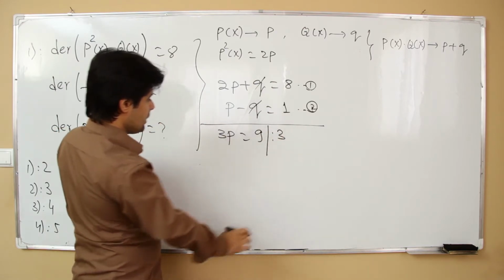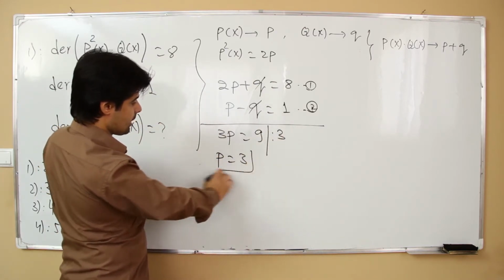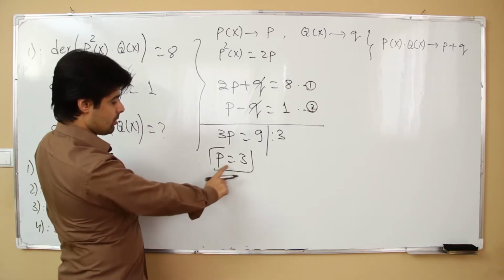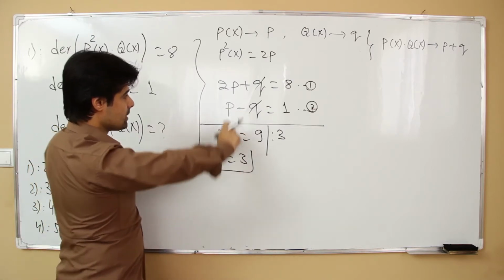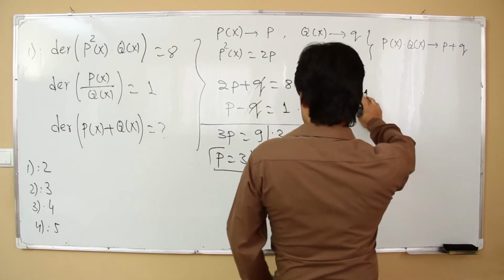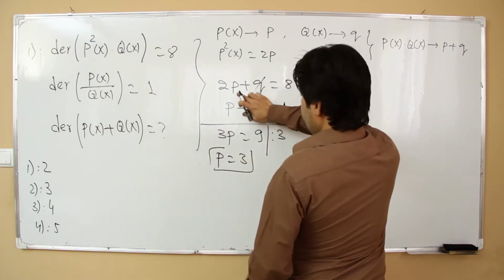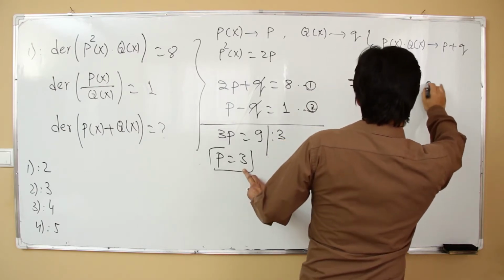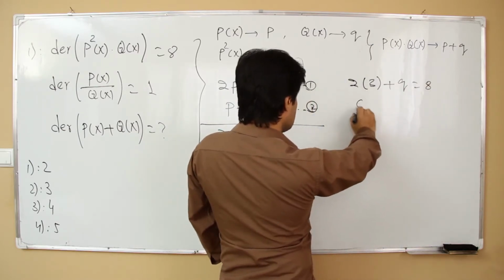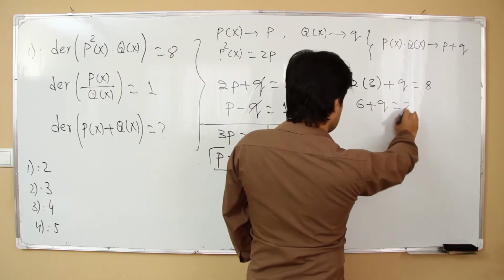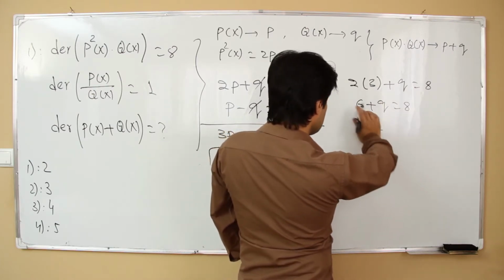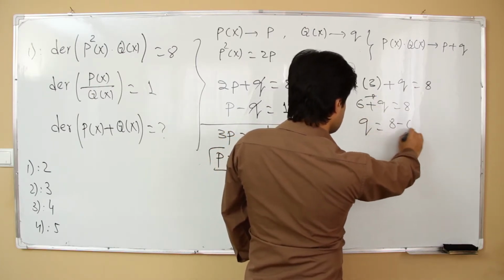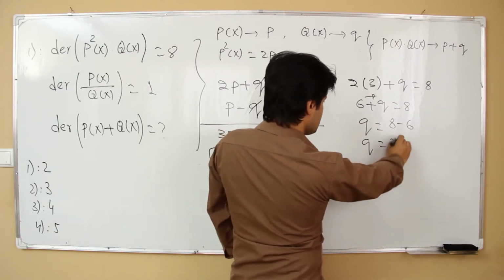Divide both sides by 3, then you will find p is 3. Put this value in one of these equations. For example, in the first equation, instead of p we put 3: 2 times 3 is 6, plus q is 8. Q would be 8 minus 6, so q is 2.